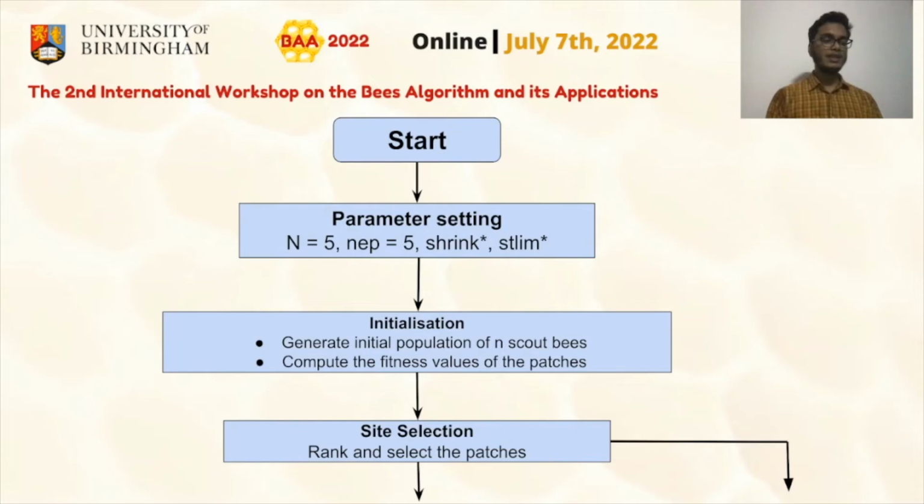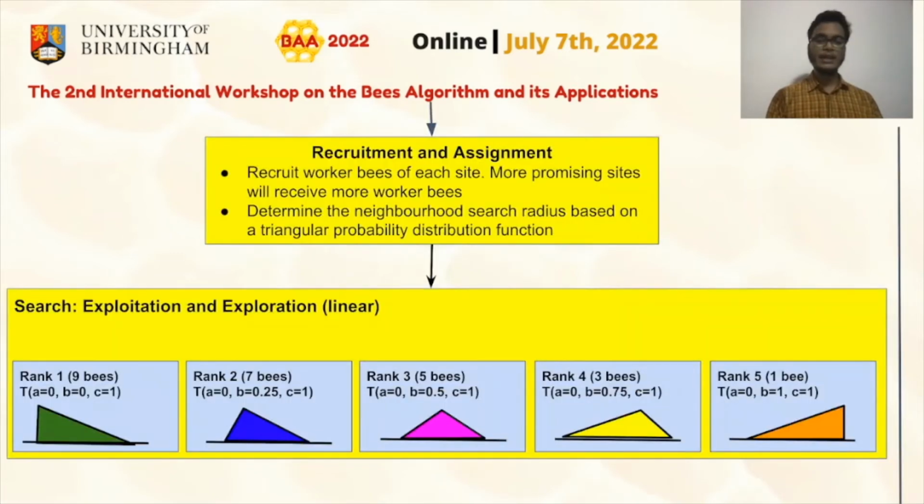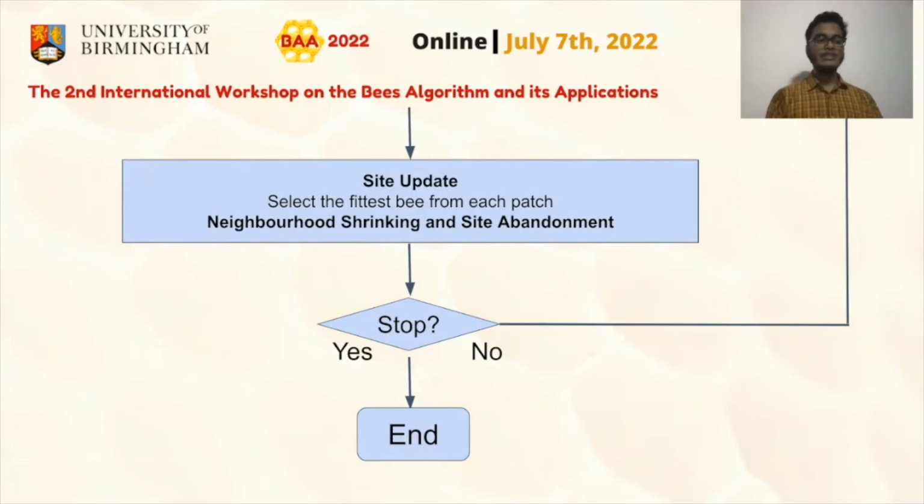The best patches are searched more exploitatively and they are assigned more number of bees. The fitness of the sites are then re-evaluated and a check for the stopping criteria is performed. If the stopping criteria is met, the algorithm stops, else it continues to the next iteration.